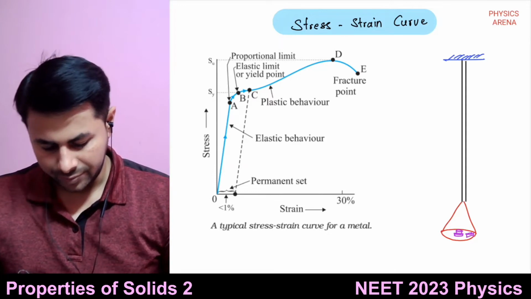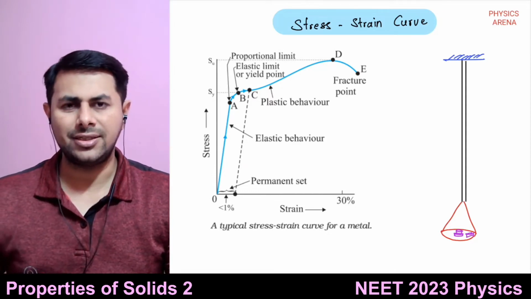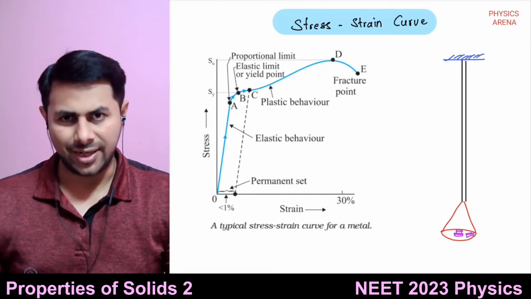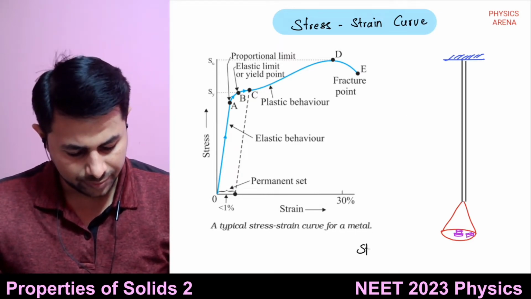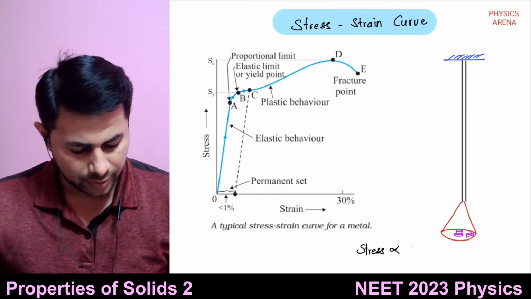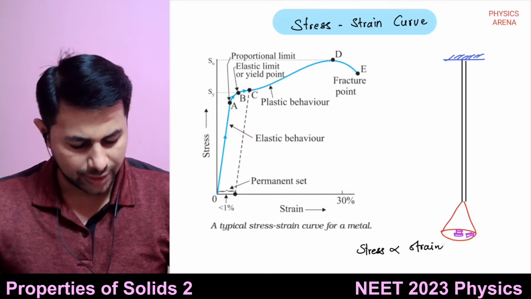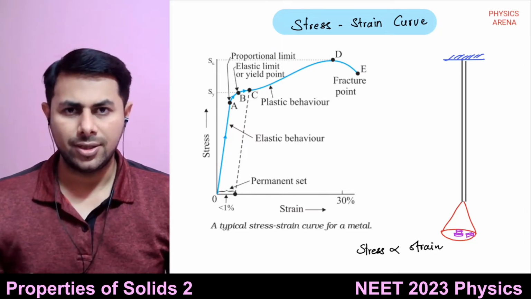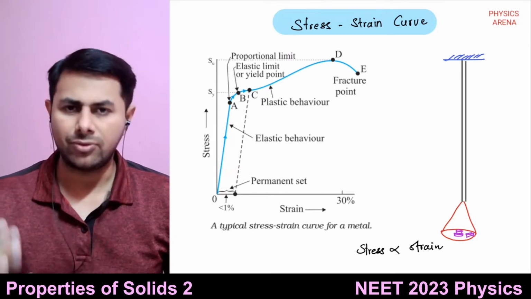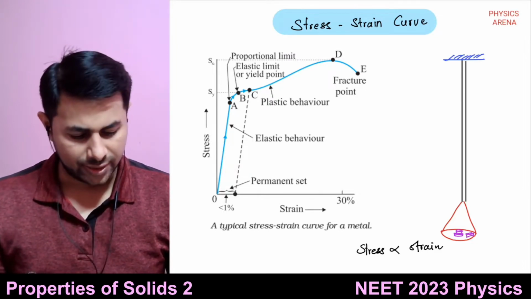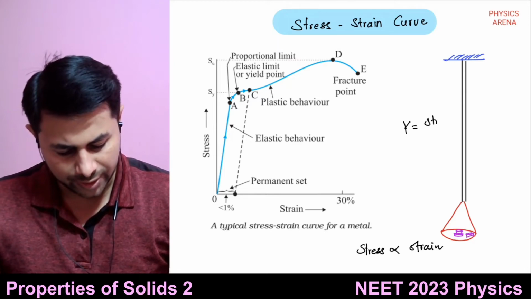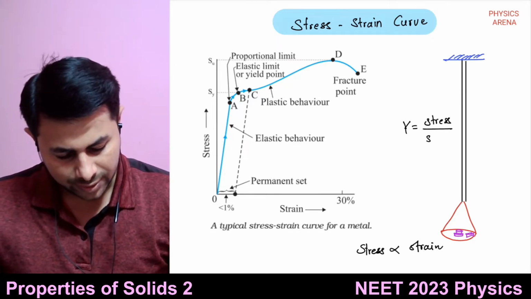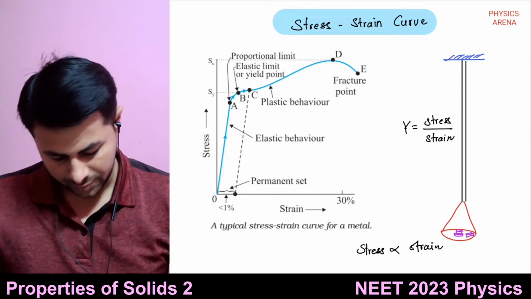What is Hooke's law? Under the elastic limit, stress is directly proportional to the strain, and the proportionality constant between them is Young's modulus. So stress is equal to Y multiplied by strain. So Y is equal to stress upon strain.